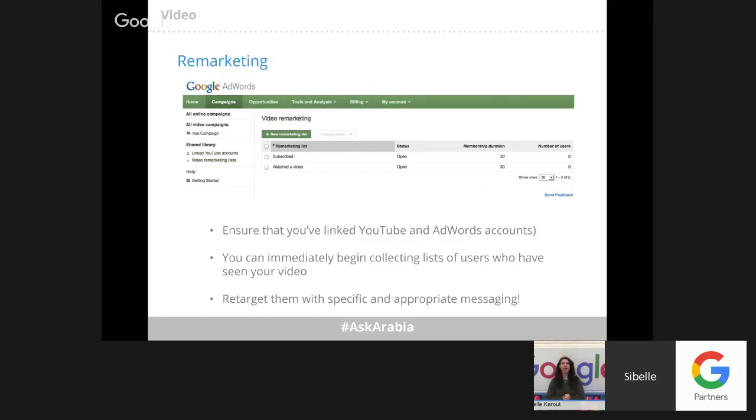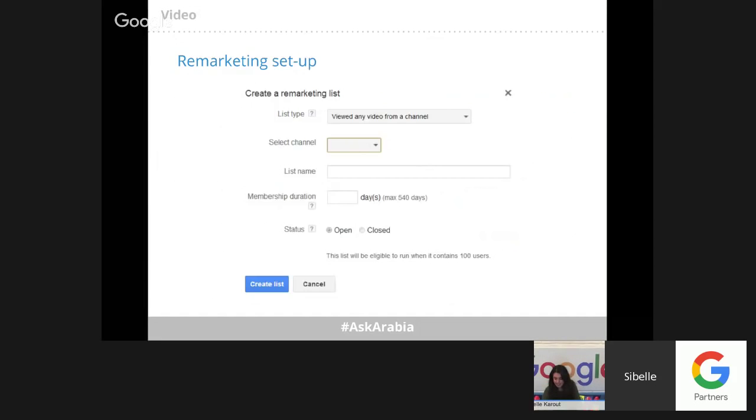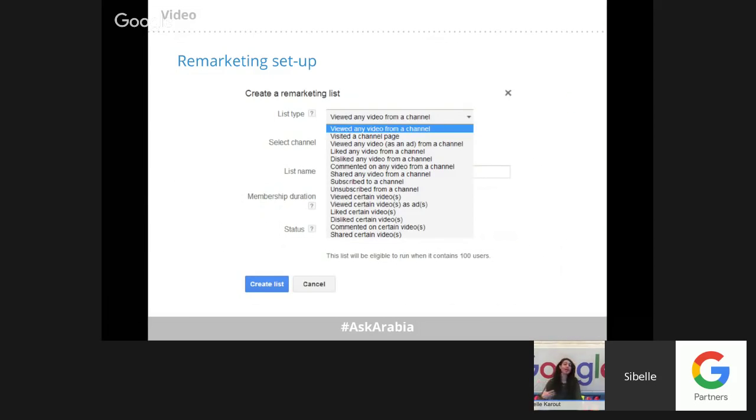So let's say you would like to target people that viewed one of your videos, and you want to retarget them to get them to view another one of your videos. It could be two different products, for example, one for mobile phones if you sell mobile phones, and another if you sell TVs, since you're an electronic shop, for instance. You can easily set it, and you have so many options for lists that are automatically set in the system.